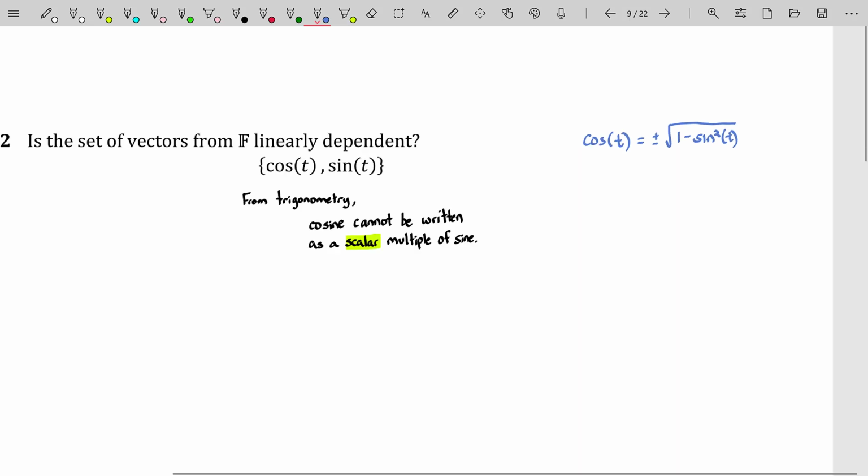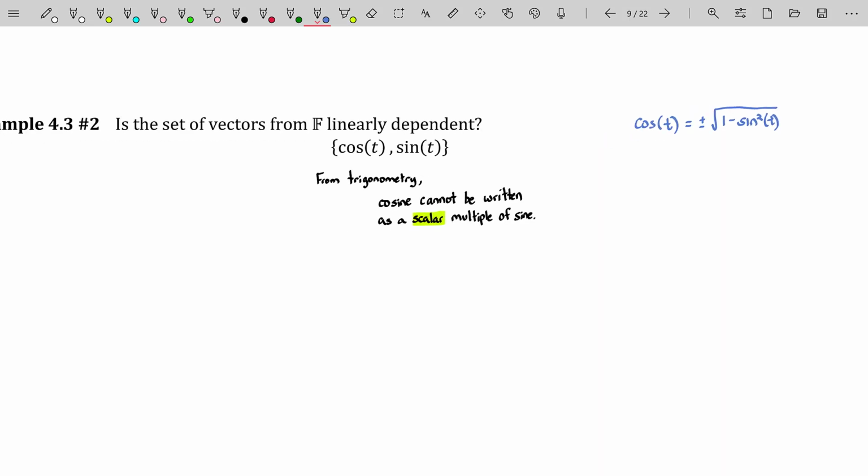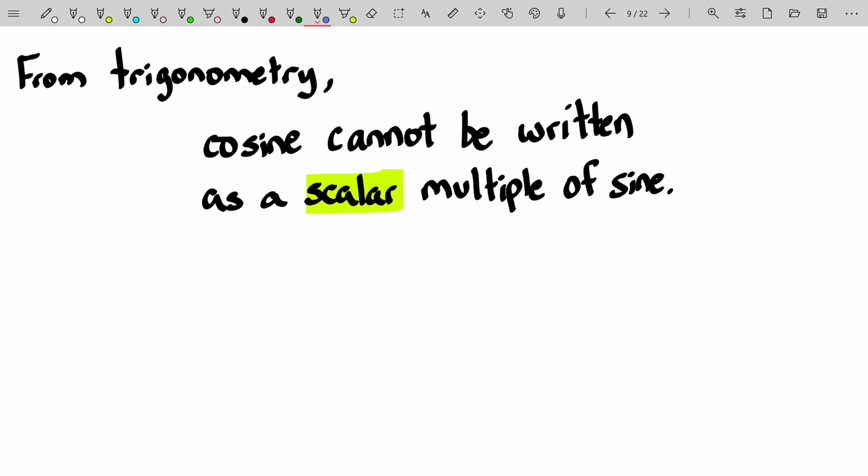But for linear dependence or independence, you're only worried about scalar multiples of your functions, not square roots, not e to the powers of your functions, not natural logs of your functions, but just your raw functions with constants in front of them. There's no way from trigonometry, I know this, that cosine is some scalar times a sine.